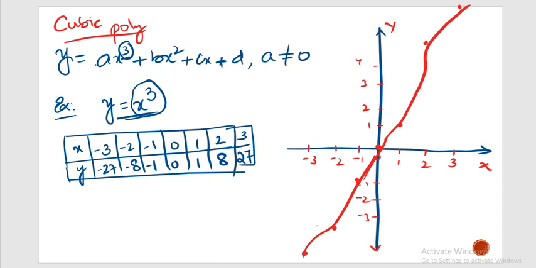If you observe this particular graph, it is passing through the origin. At how many points is it cutting the x-axis, which is nothing but intersecting the x-axis? Here we can say that it intersects the x-axis at only one point, which is 0, 0. But you said that a cubic polynomial will have 3 zeros, right?